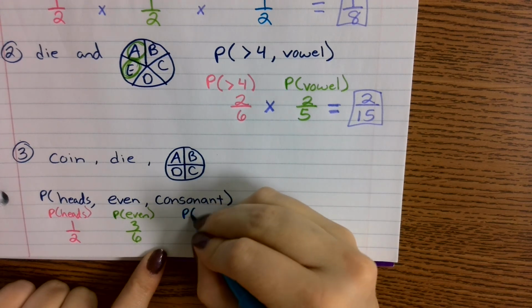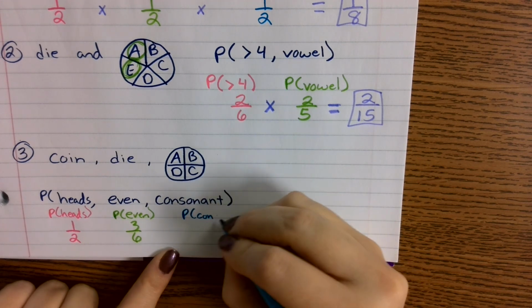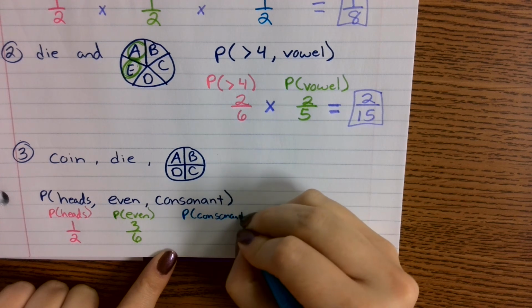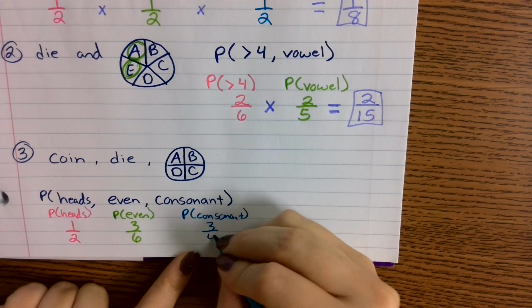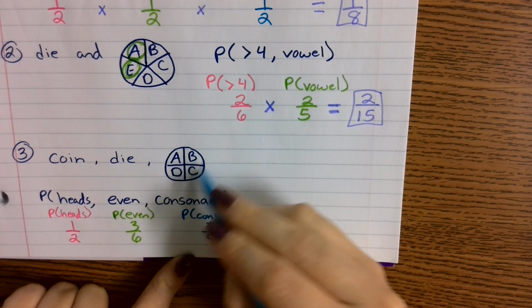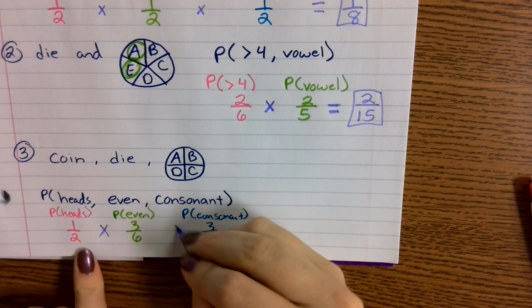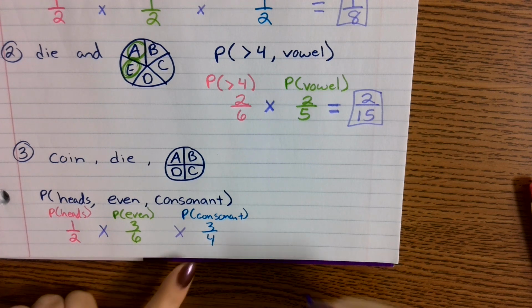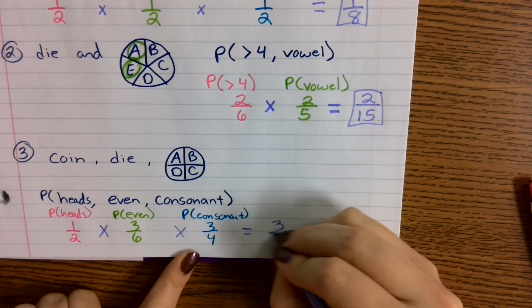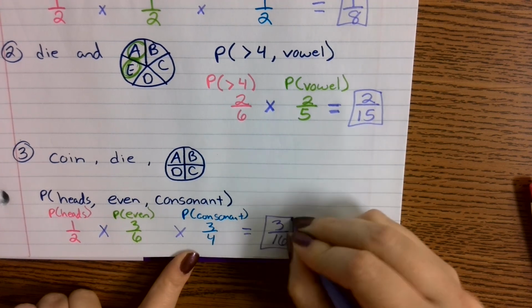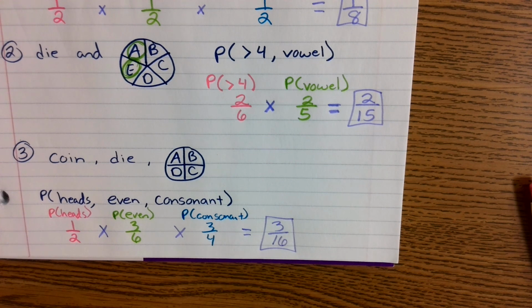And the probability that you're going to spin the spinner and land on a consonant is 3/4, right? There are 3 consonants out of 4 letters on the spinner. When you multiply them all together, that's going to give you 3 out of 16.